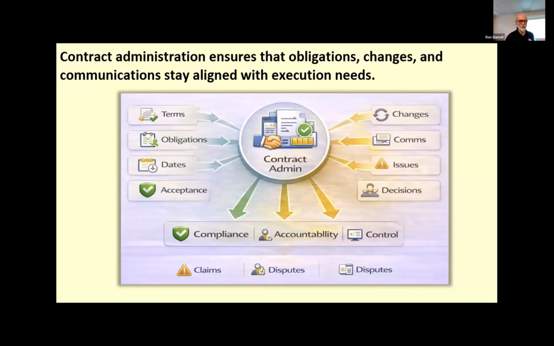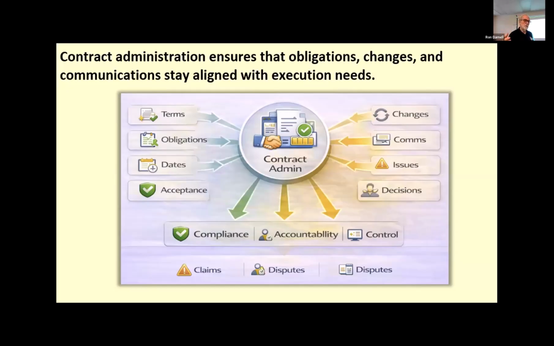I also have this documented in the class notes, which support contract administration through activities such as monitoring procurement performance, managing supplier relationships, and taking corrective action when obligations aren't being met. So contract administration is not just legal housekeeping. It's a practical execution discipline that helps keep supplier work, communications, and changes aligned with the agreement and with the project needs.